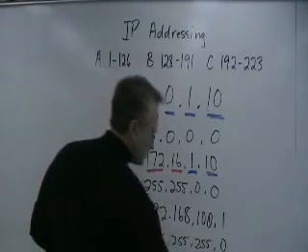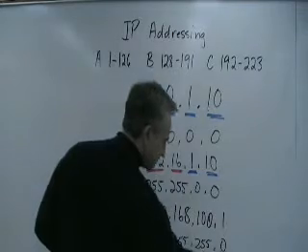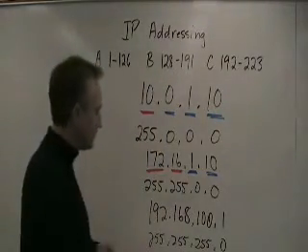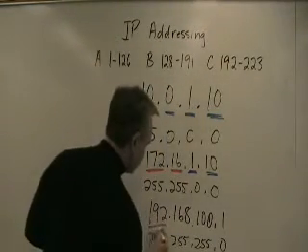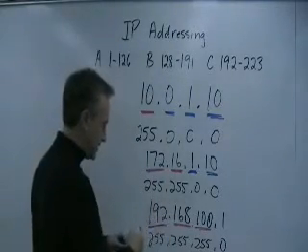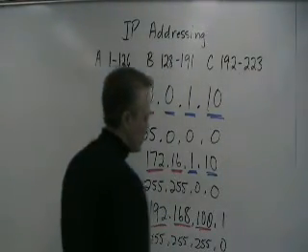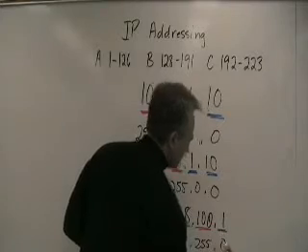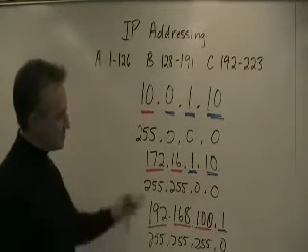Again, this difference here between the 255s and the 0 corresponding exactly to where the division is between the network portion of the class C address and the host portion. So we can see that much.